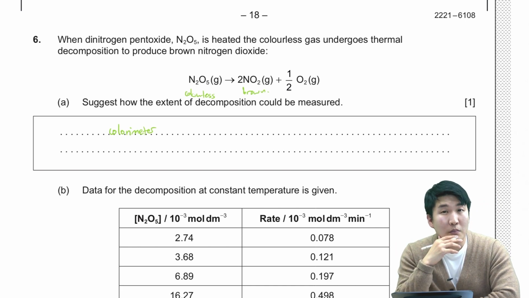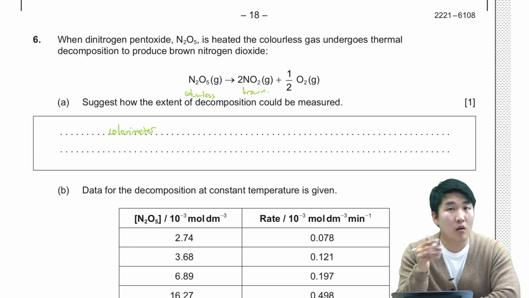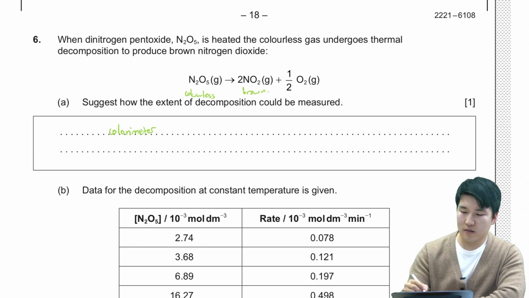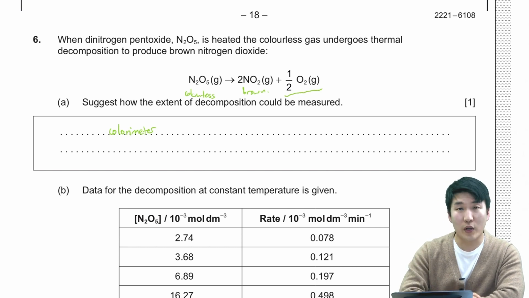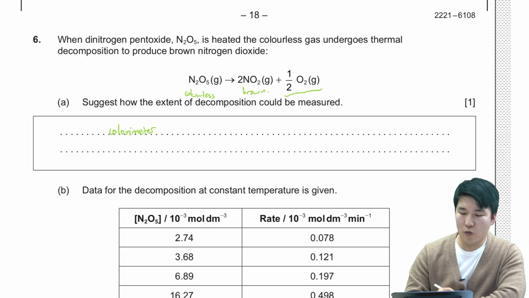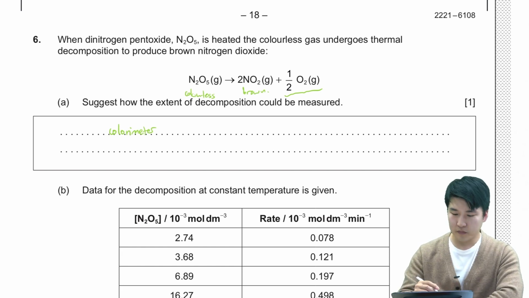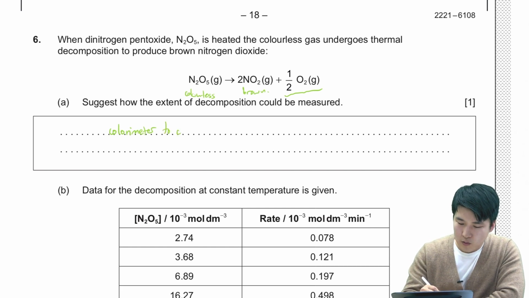What else could we potentially use? Well, we are going to be producing more gas, and therefore we could use a gas syringe to measure change in volume. Measure color change.